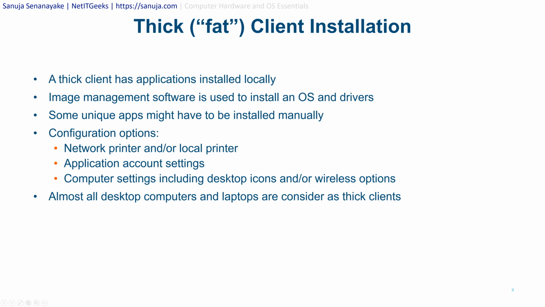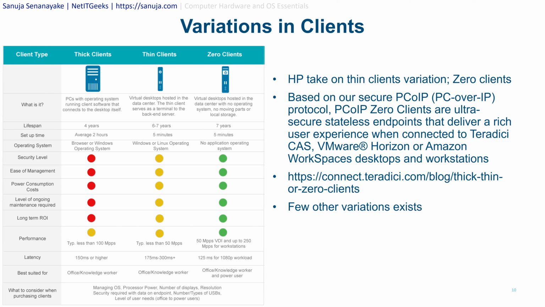There are variations in clients that are made by different manufacturers. Here's an example of that. The HP take on thin client variation is called Zero clients. They base it on something called their secure PCoIP architecture, which is a PC over IP protocol.